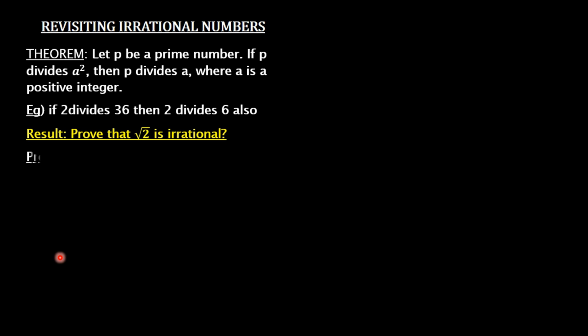We prove this result by the method of contradiction. What does contradiction mean? If we start a journey and we have two paths in front of us, the first path will lead to our destination, and the second path is the wrong path.